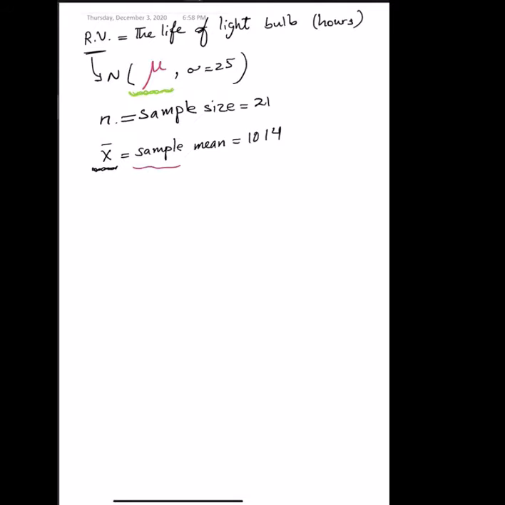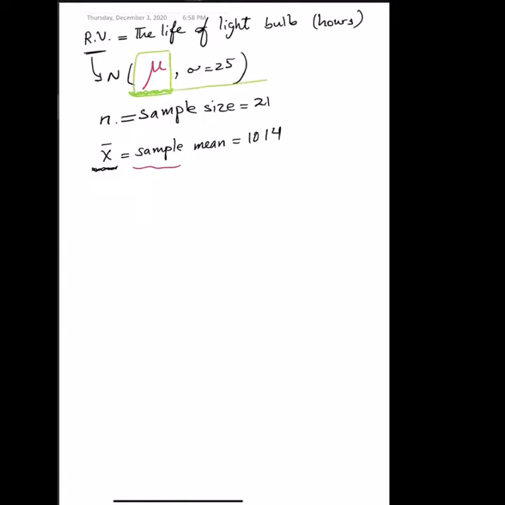But I don't have that luxury, because if I want to do that, the only thing would be for me to use all the light bulbs of this brand that exist in this world and let them die at some point, and then measure their life and then look at the average. That is never going to happen. So I won't be able to get a sense of the actual average of the life of these light bulbs.